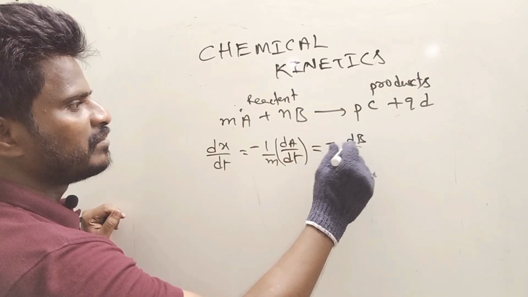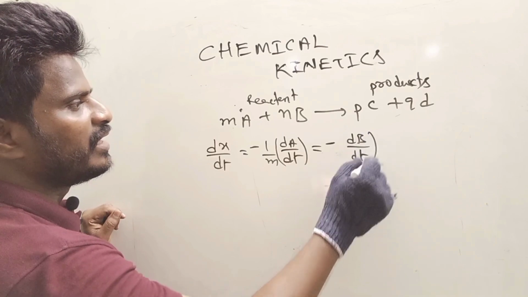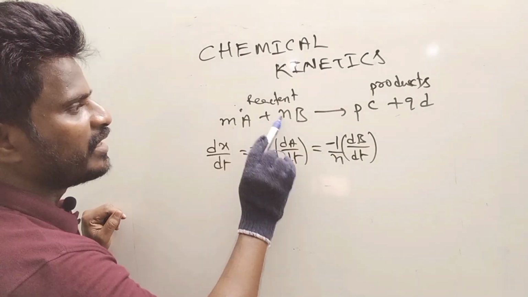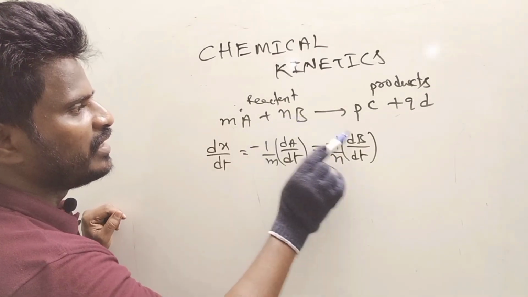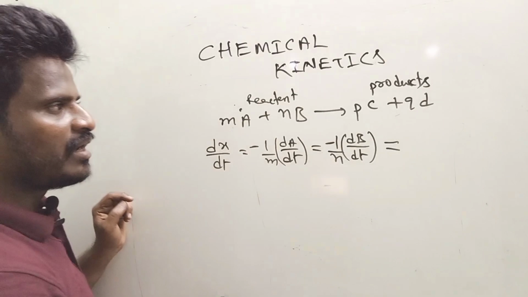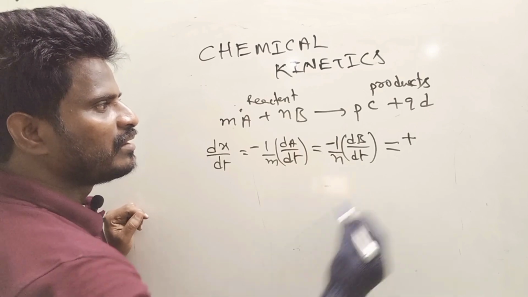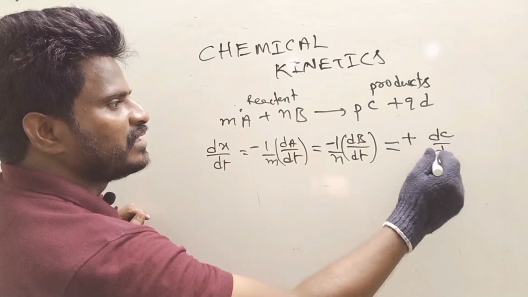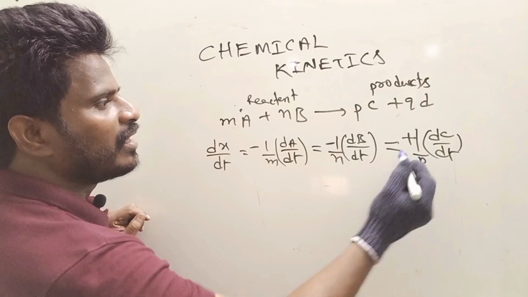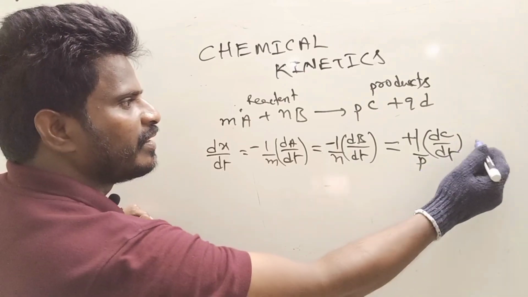the decreasing concentration of B, and a decreasing value is minus. That concentration may be represented as dB by dt, and with its coefficient in reciprocal, it indicates minus 1 by n into dB by dt. And these two are products and their concentration is increasing, which indicates plus change in concentration dC by dt, and their coefficient is taken as reciprocal, it indicates plus 1 by p into dC by dt.